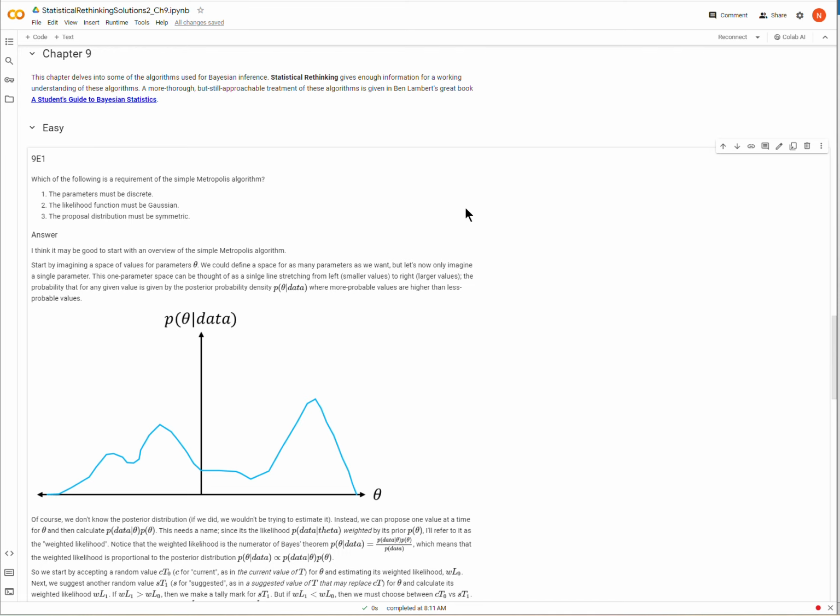What the Rethinking package uses is Stan, and what Stan uses is a method called Markov chain Monte Carlo, and specifically a variant called Hamiltonian Monte Carlo, and more specifically it applies some neat tricks to it, and so it's called the no U-turns sampler.